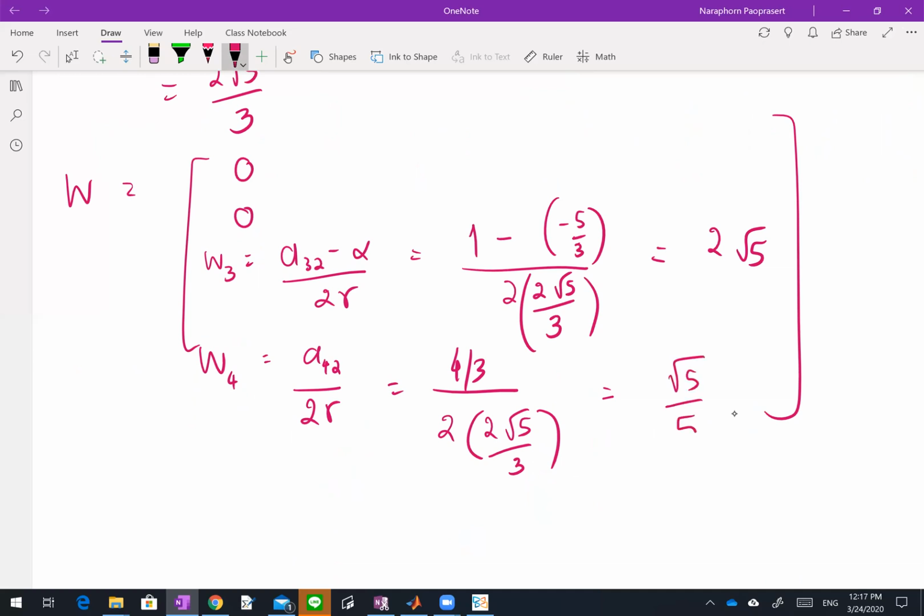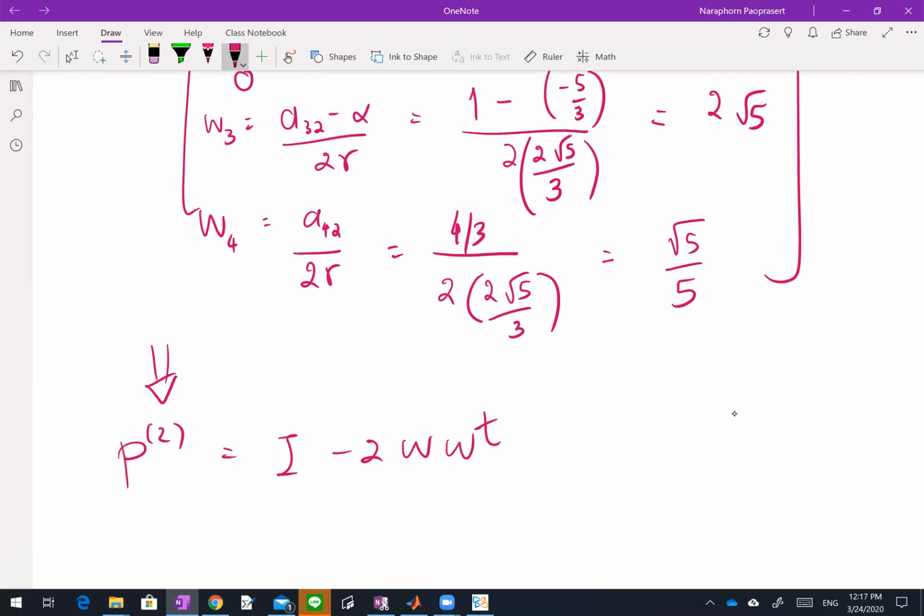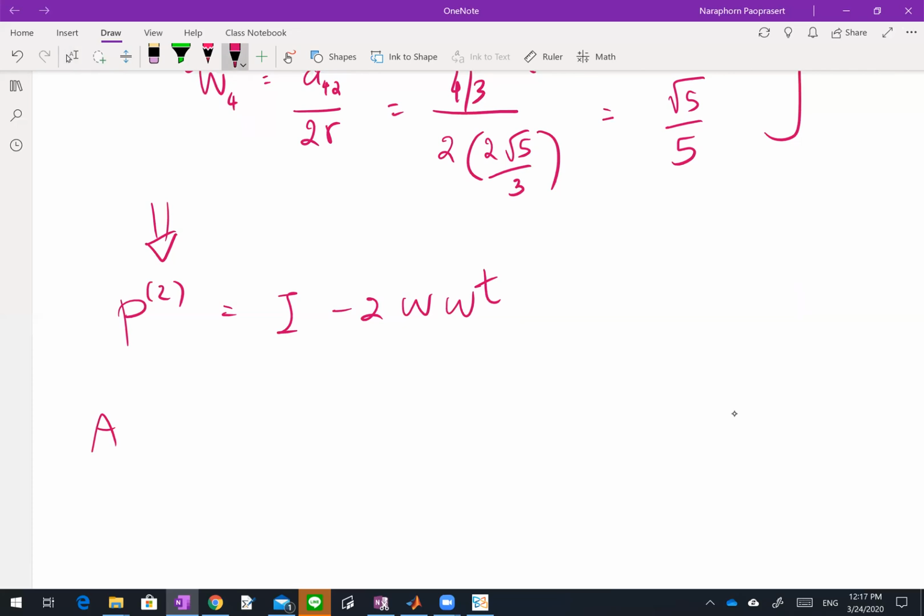And then once I have my W, I can use my W to find P2, which is going to be I minus 2 W W transpose. Once I have my P2, I can find my A3 to be P2 times A2 times P2.